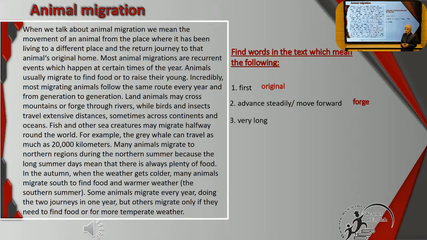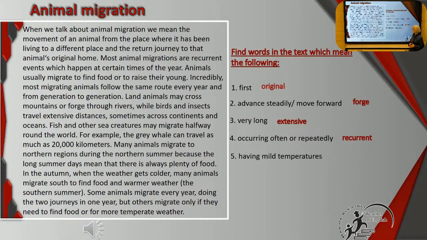What's the word that means very long? Very long distances, of course. Here we are talking about very long distances or extensive distances. Okay, now for occurring often or repeatedly. It's recurrent. The fifth one, having mild temperature, it's temperate.